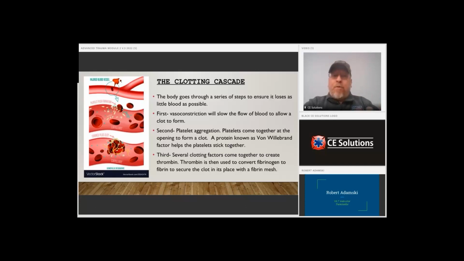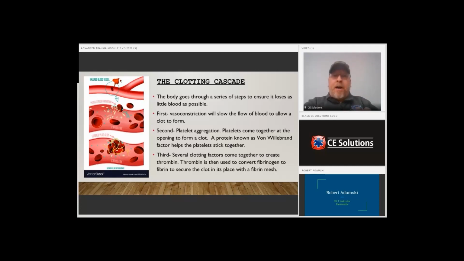The active form, fibrin, is what creates that fibrin mesh, which stabilizes the blood clot, and that ultimately is what stops the hemorrhage and the blood loss. So the clotting cascade, and particularly thrombin, is of critical importance when we're talking about hemostasis.